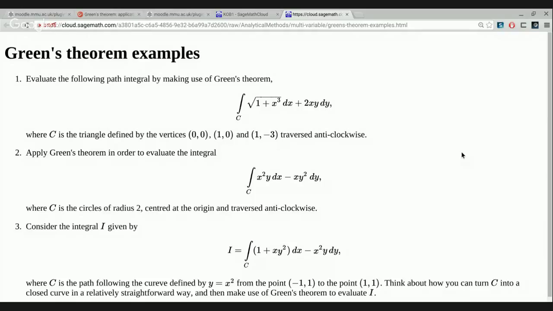Differentiating Q with respect to x gives me minus 2xy. And then minus dP/dy. dP/dy is again 2xy, so it's minus another 2xy. So this is the double integral over this region R of minus 4xy dx dy. Now what should I do?